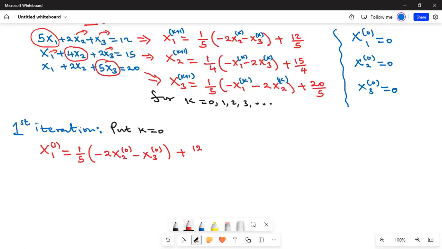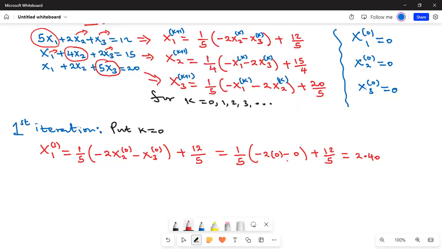Substitute the values, so this will give us 1 over 5 times negative 2 times 0 minus 0 plus 12 over 5. And so that should give us, of course, 12 over 5, which is 2.40. So the answer here is 2.40.